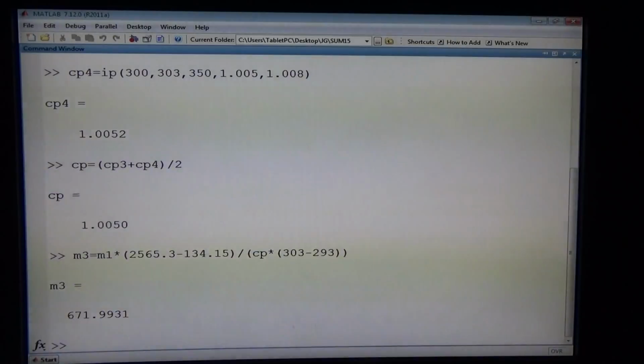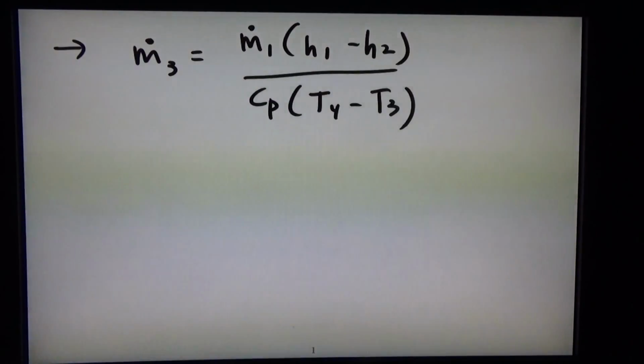So mass flow rate of the air is going to be 672 kilograms per second.